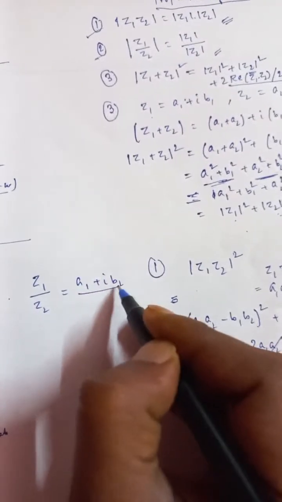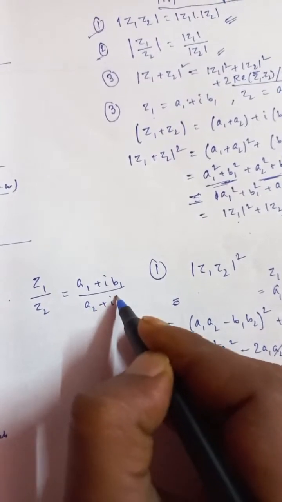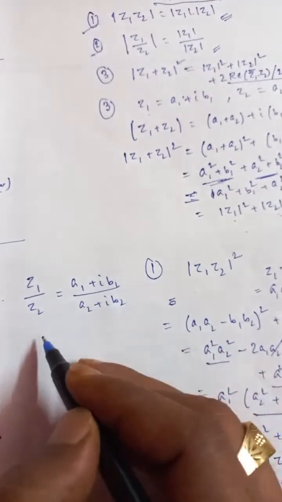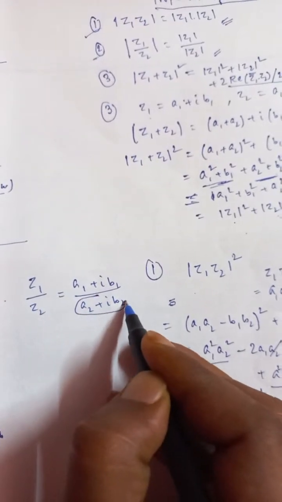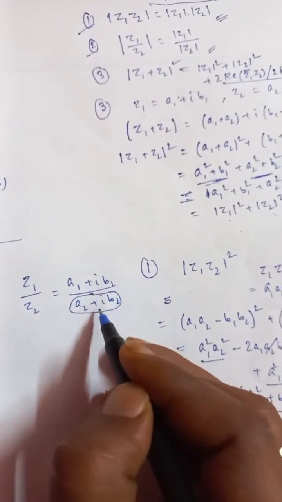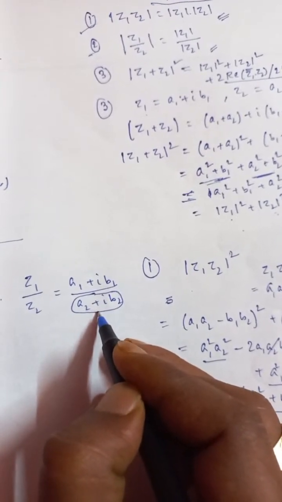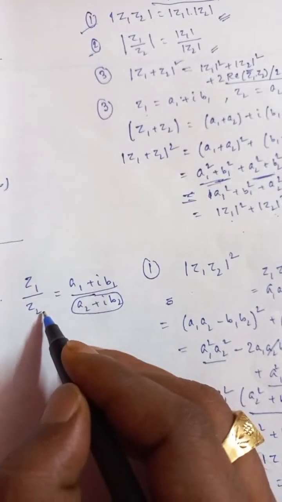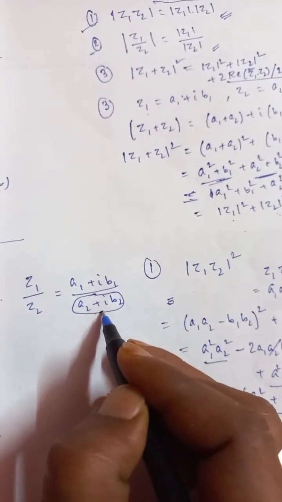If we think very closely, we have to use a conjugate to remove the complex number of the denominator. Using the conjugate, we can very easily remove the complex number in the denominator.